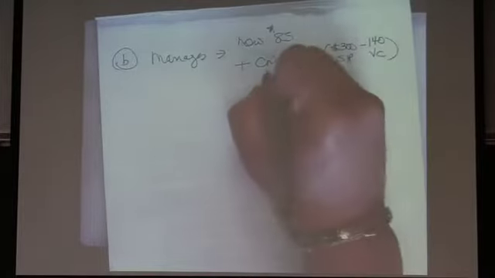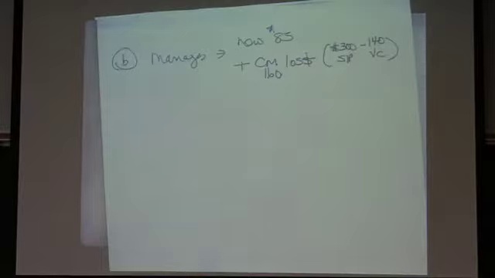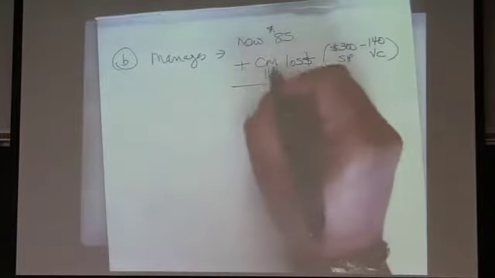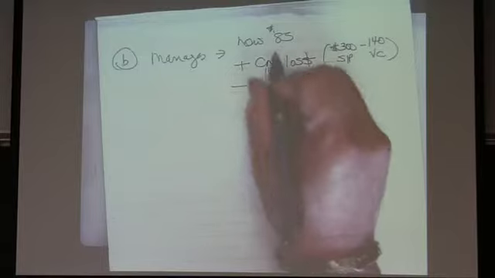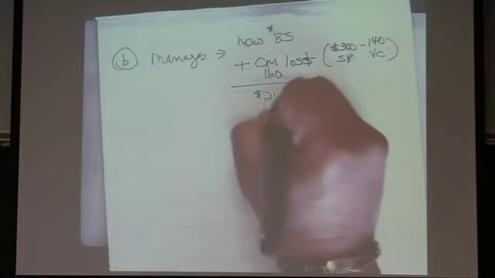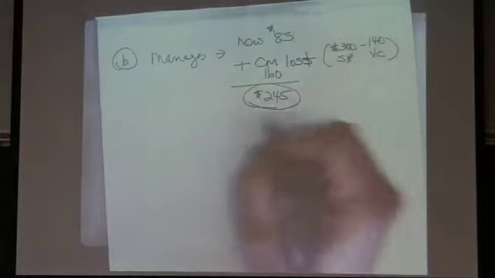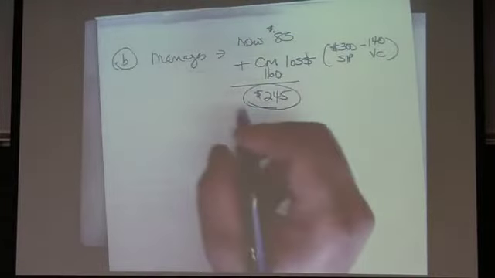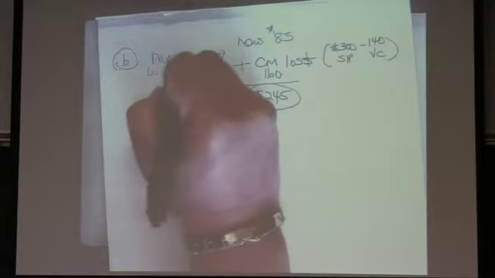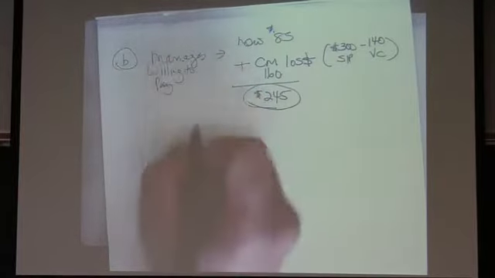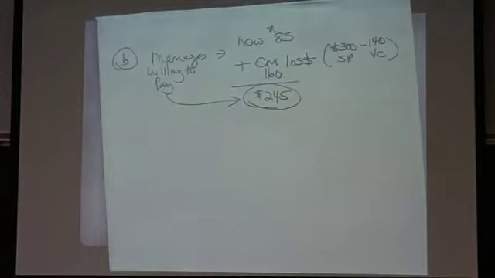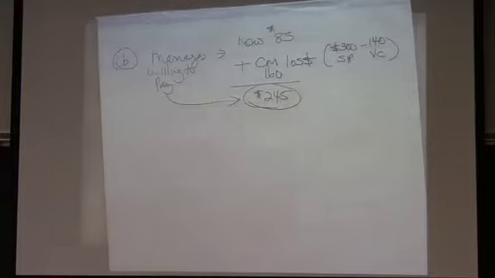So that's $160. So they are willing to pay basically $160 plus $85, or $245, for each snowboard. So managers are willing to pay $245, which is what they're paying now at $85 plus the contribution margin loss. And if they're going to pay more than that, they're going to start creating losses, and that's not good.